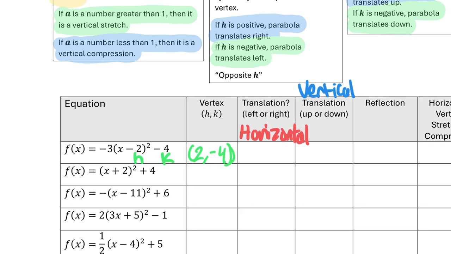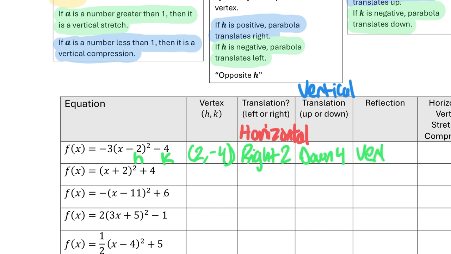All right, so since I have X minus 2, that means it's going to shift right 2. Okay. And then since I have a translation of negative 4 for K, that's going to be down 4. There is a reflection.